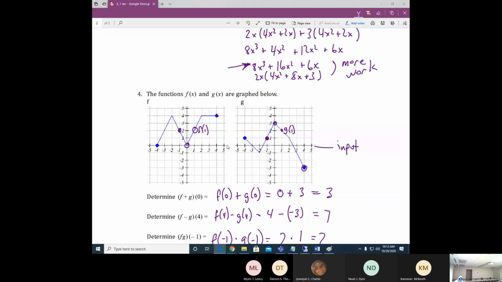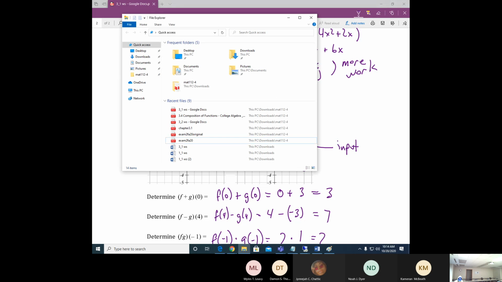Now let's go on to the harder problem of composite functions. I talked about that at the very start. Now let's do a worksheet of that. The worksheet I have over here, downloaded already, is worksheet 3.2, and I think I have a hard copy here for you. Yep, I did print out worksheet 3.2.